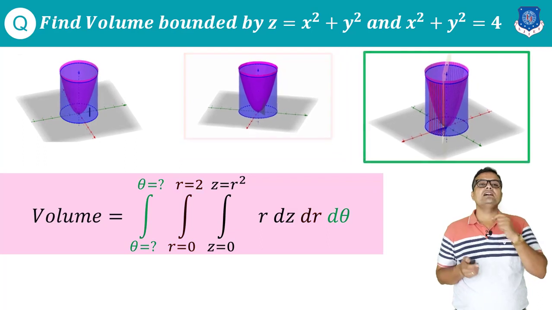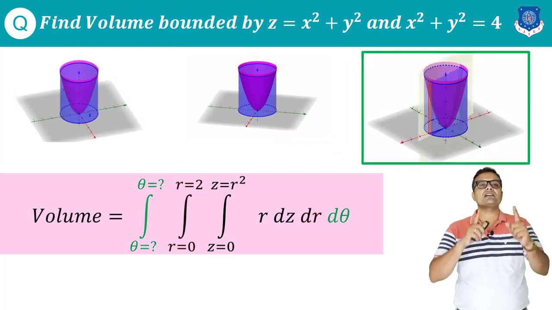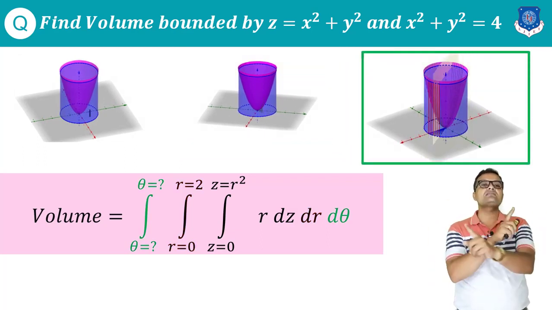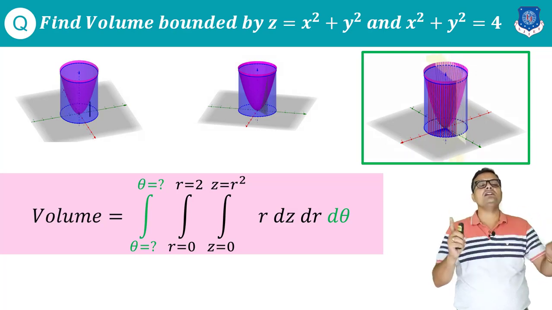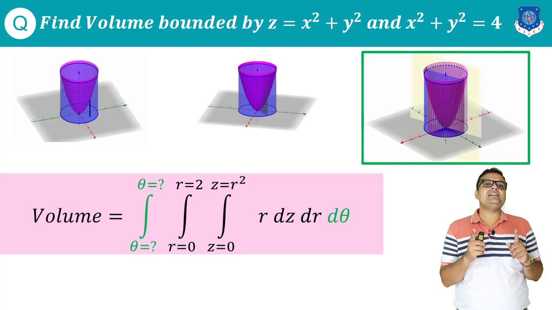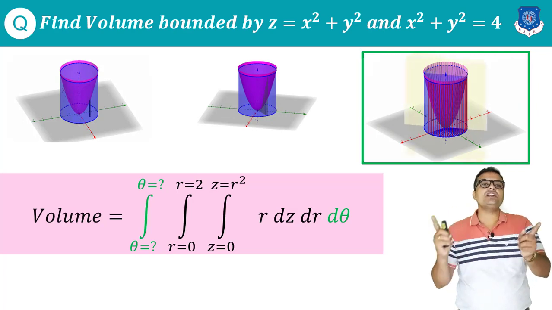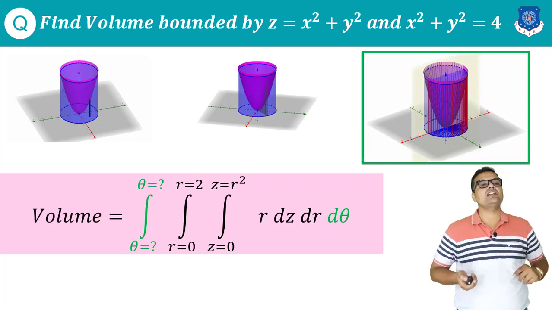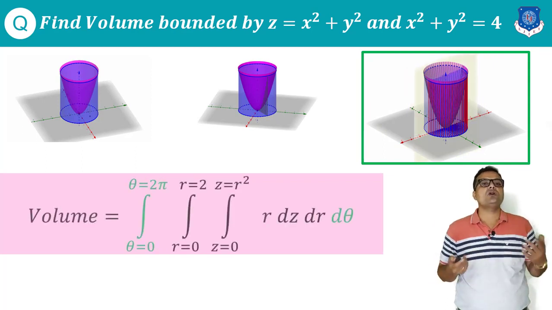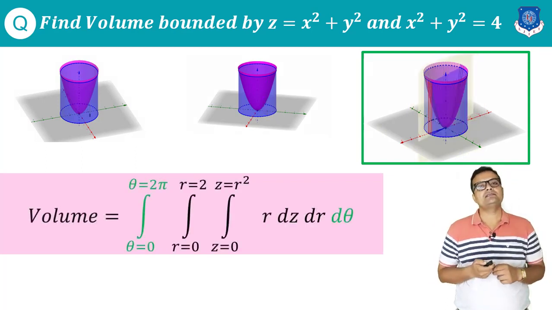Now let us consider our third possible case, where I am taking rotation of all such radial planes on our object. You can see clearly here, I need to rotate this plane through 360 degrees. That means the value of theta is from 0 to 2 pi.